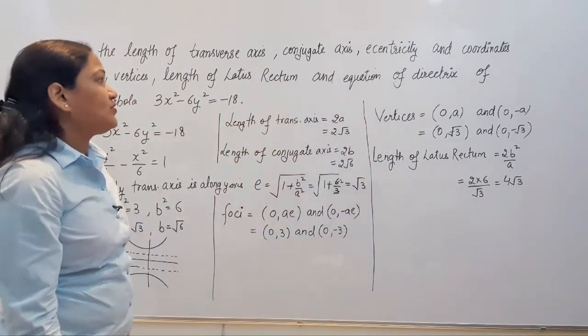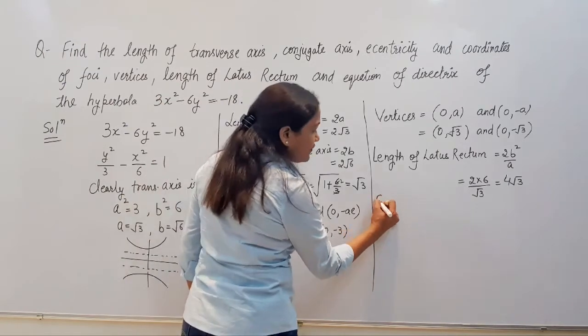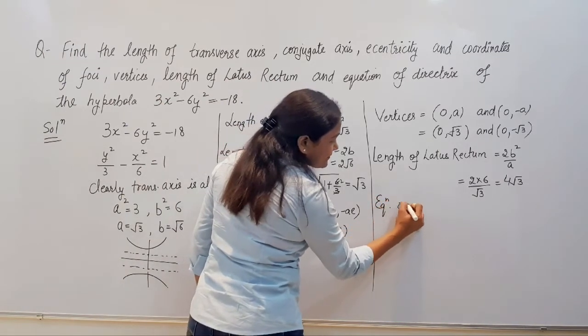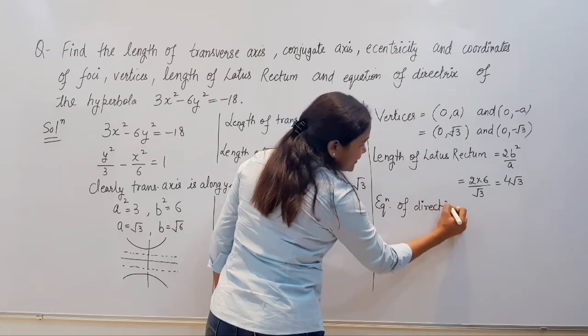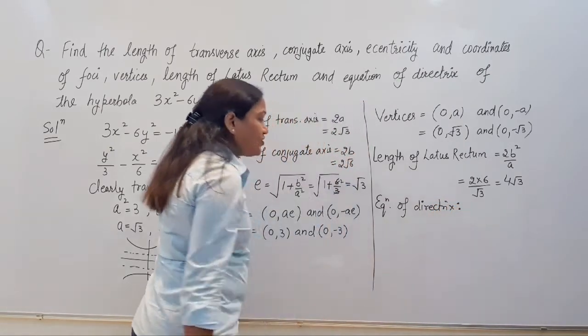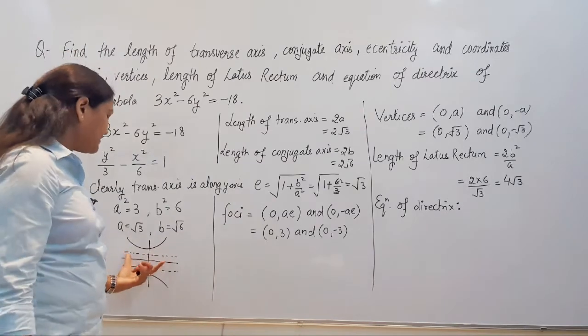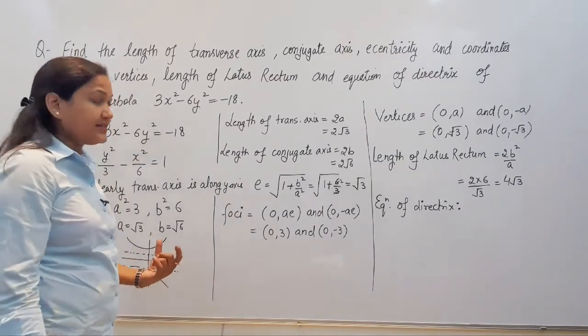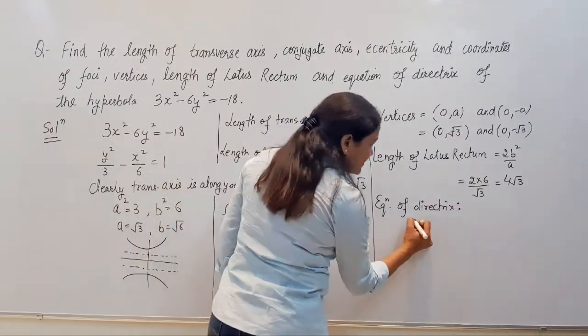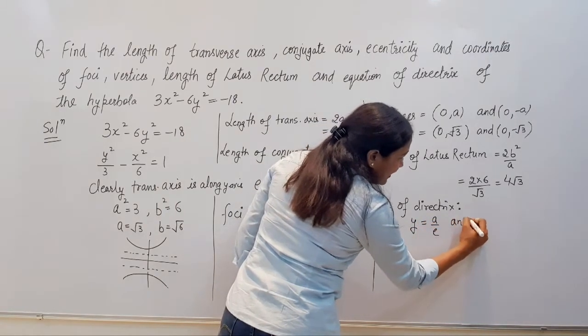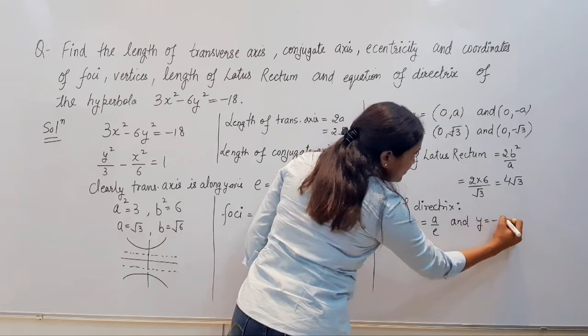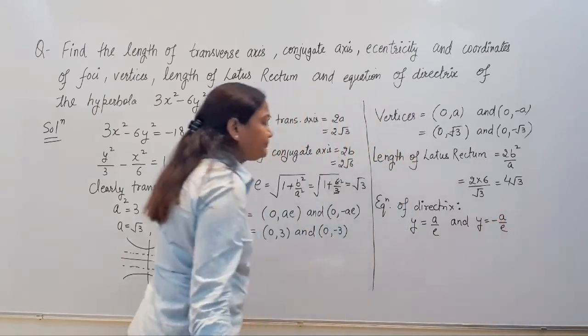And finally, you have to find the equation of directrix. And the equations of directrix are, क्योंकि आपका जो directrix है that is parallel to x axis, so the equations of directrix are y is equal to a upon e and y is equal to minus a upon e.